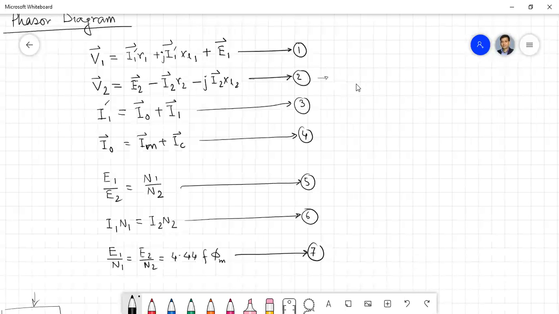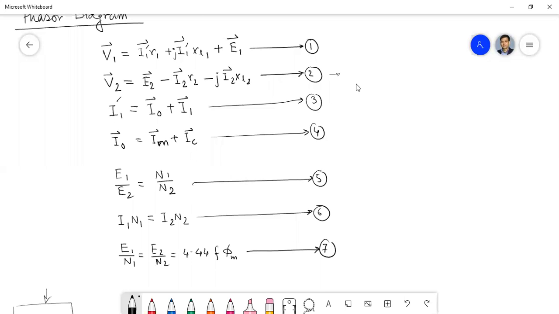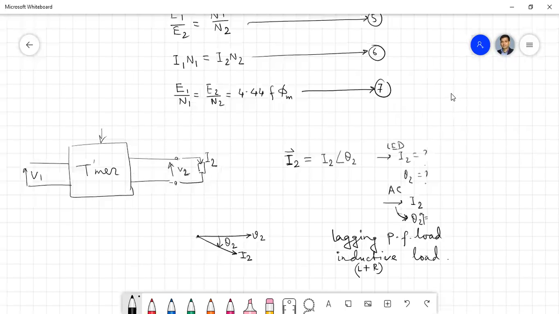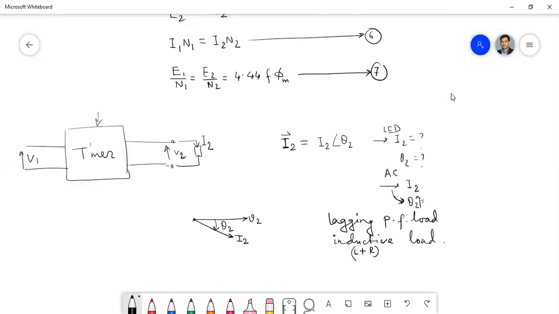So that means if we add V2 plus I2R2 plus jI2XL2, then only we can get E2, isn't it? Now can you tell me what will be the phase angle of I2R2? It's very important to understand the phasor diagrams.